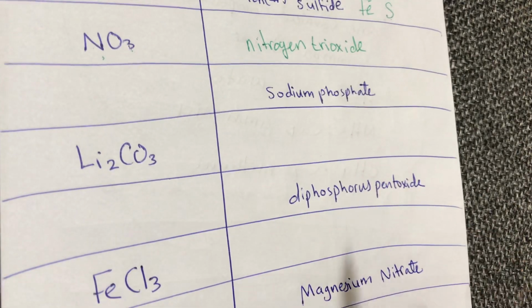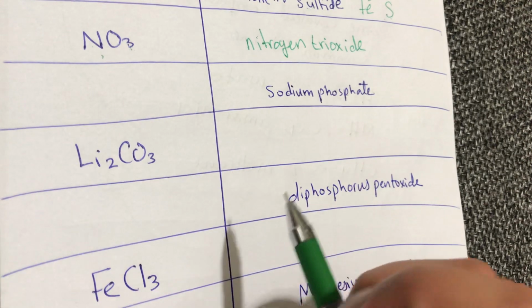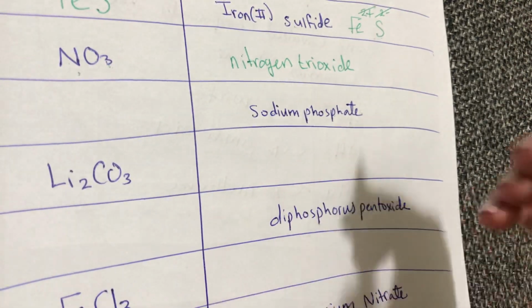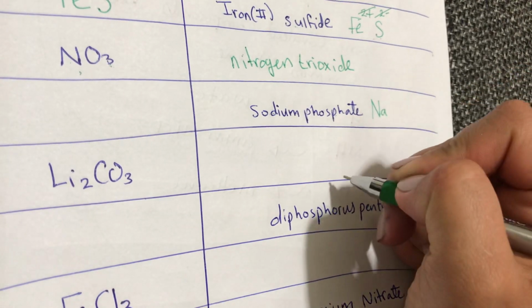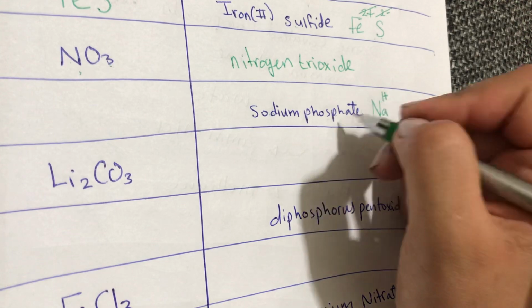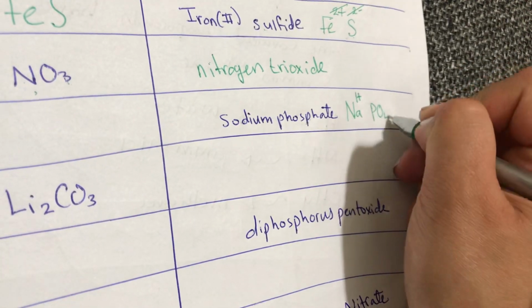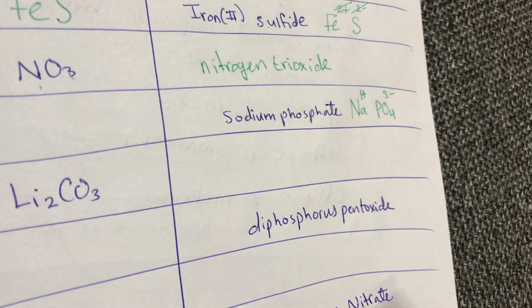Now what about sodium phosphate? How to write the formula? You have to write the symbol of the ions. So for sodium, Na, it's in group 1, so it carries a positive 1 charge. Phosphate is a polyatomic ion, PO4. It carries a charge of negative 3.